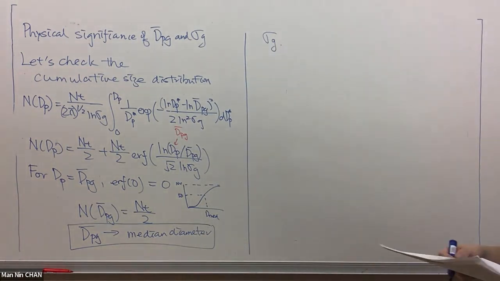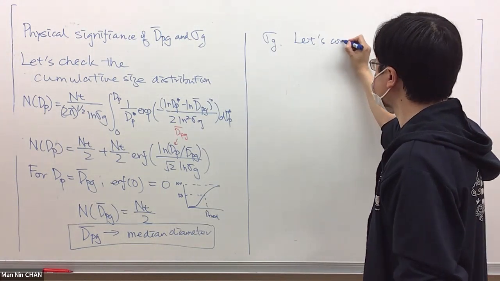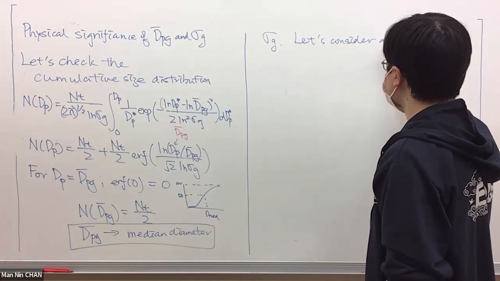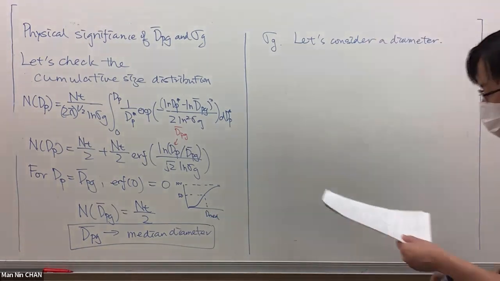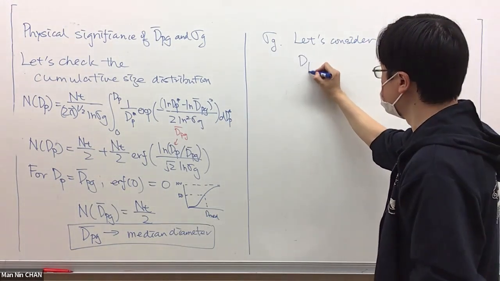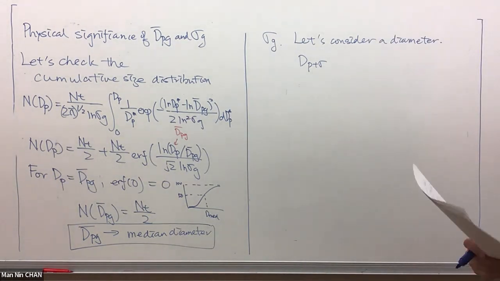So what's the meaning? Let's consider a diameter called dp plus sigma. I'm just trying to follow the notation we use in the textbook.